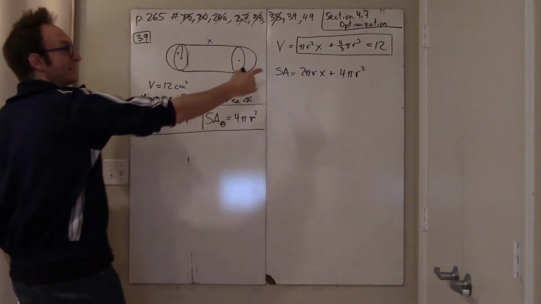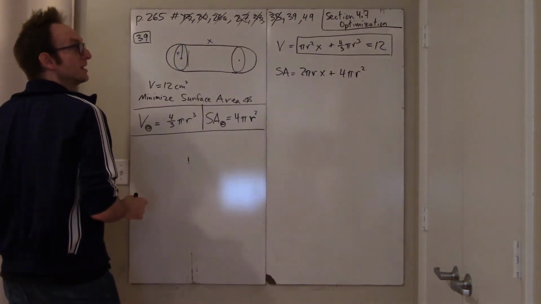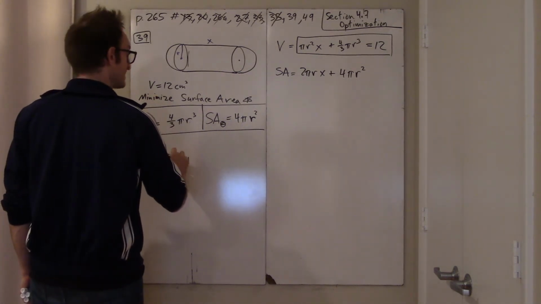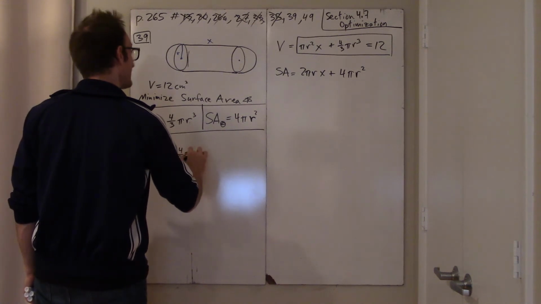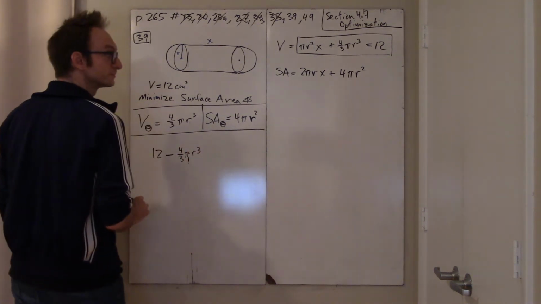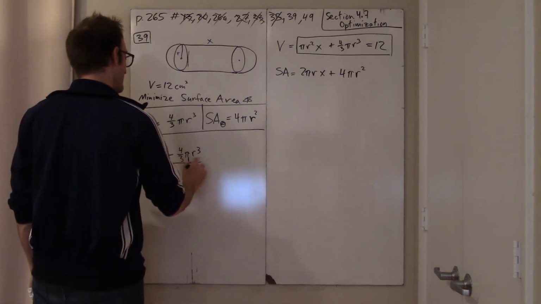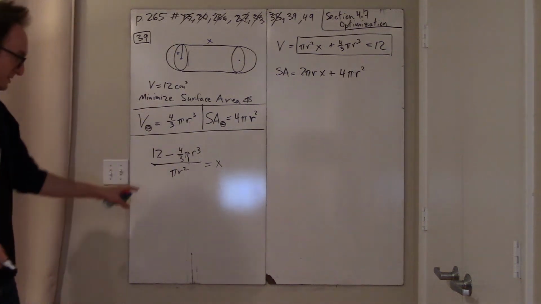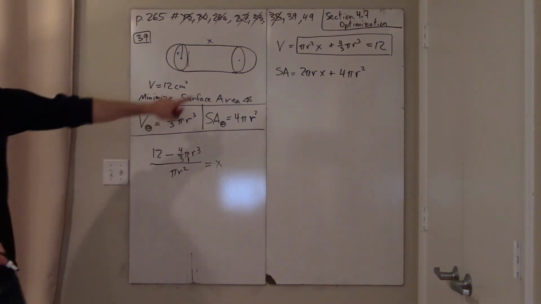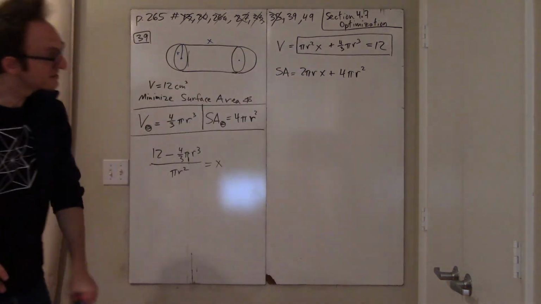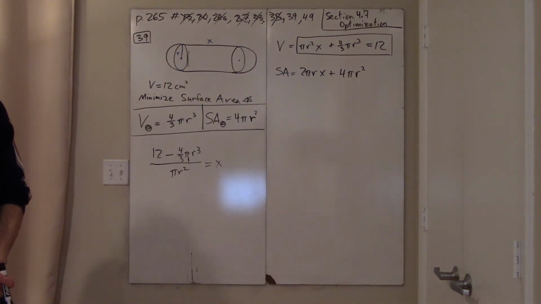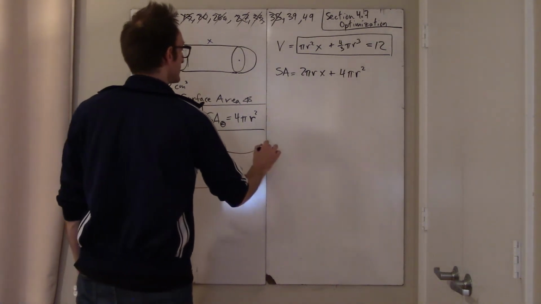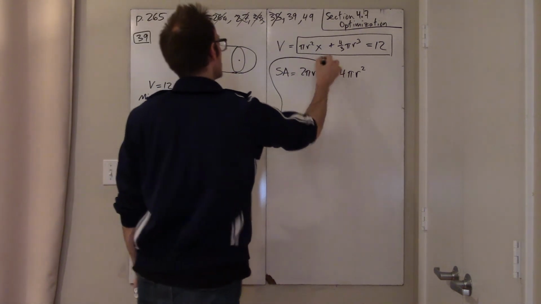Taking this boxed thing, man, this is terrible. x is 12 minus 4/3 pi r cubed, divided by pi r squared. I'm doing the algebra in my head. This part's just algebra 1: take the formula in the box and solve for x. Then take this whole mess and stick it in here.